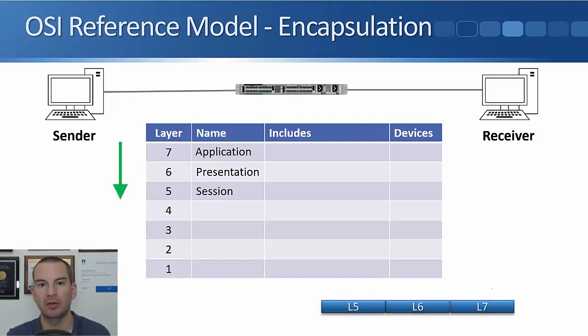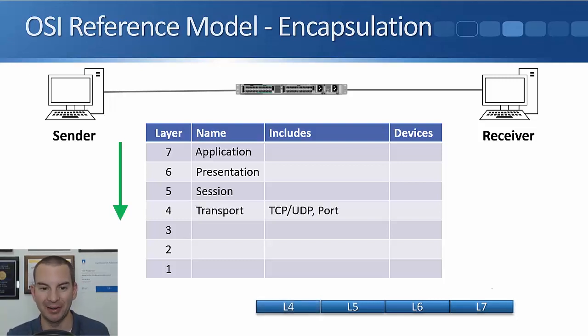Layers 5, 6, and 7 are known as the upper layers, and they're more important for application developers rather than network engineers. Network engineers start to get really interested when we get down to layer 4. So we've got our upper layer traffic composed. That then gets encapsulated with our layer 4 header, which is the transport layer.